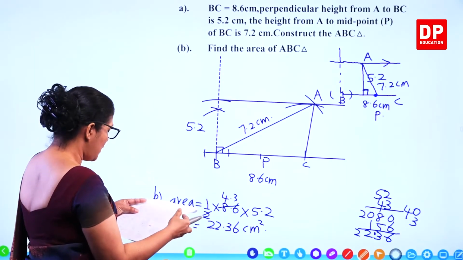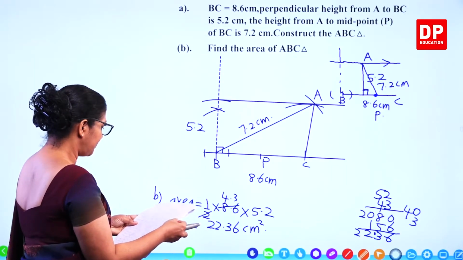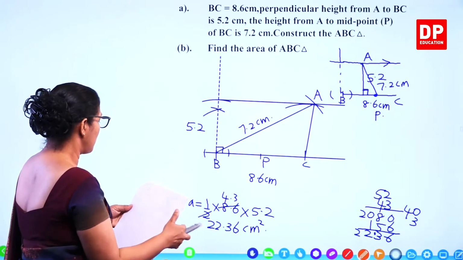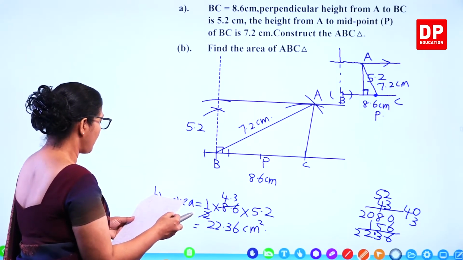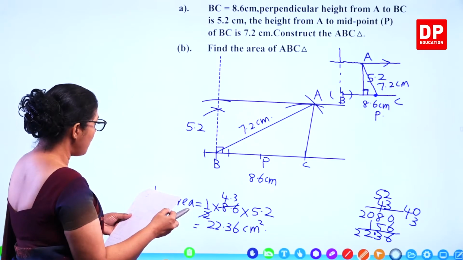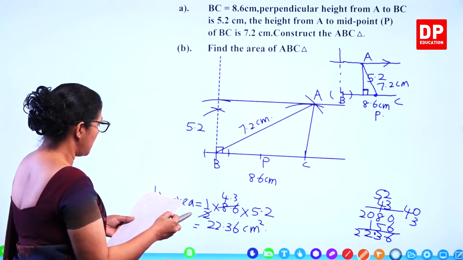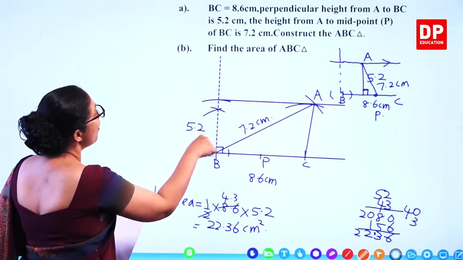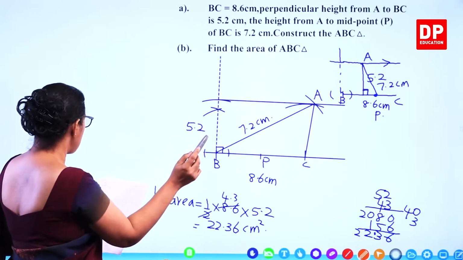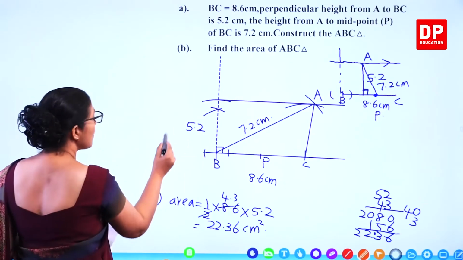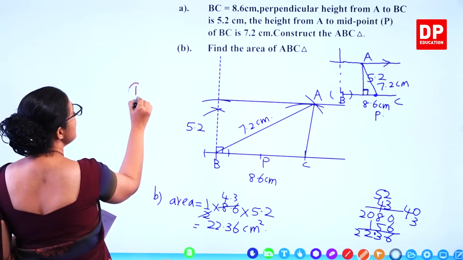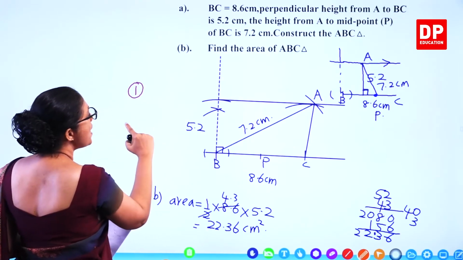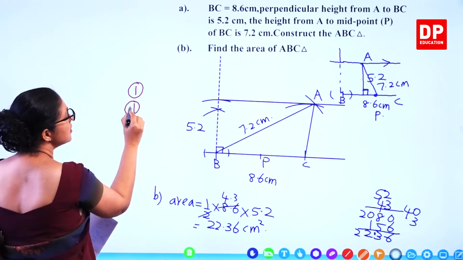So how many marks for these 2 steps? You are getting 5 marks for drawing this, constructing this diagram. We can give 1 mark for BC length and BA 1 mark.